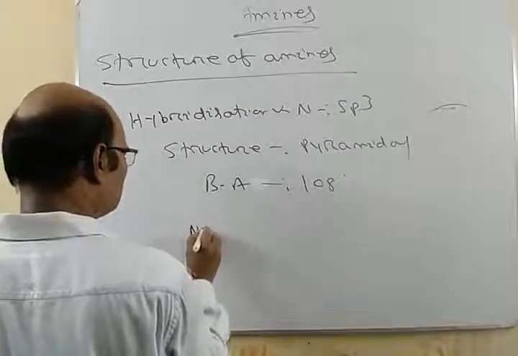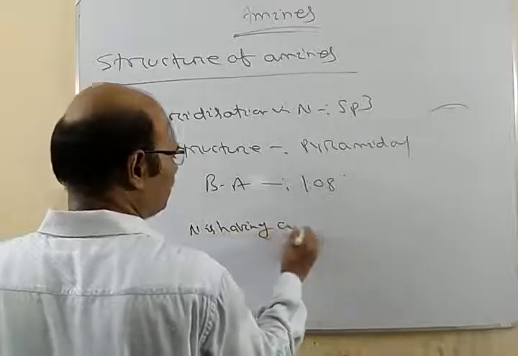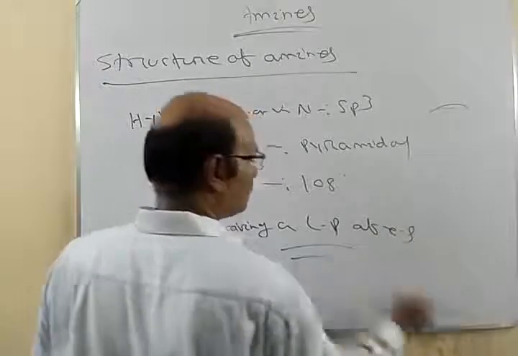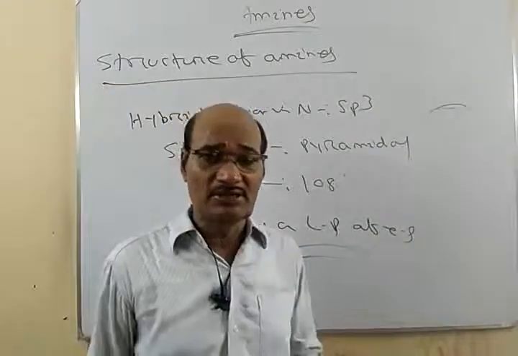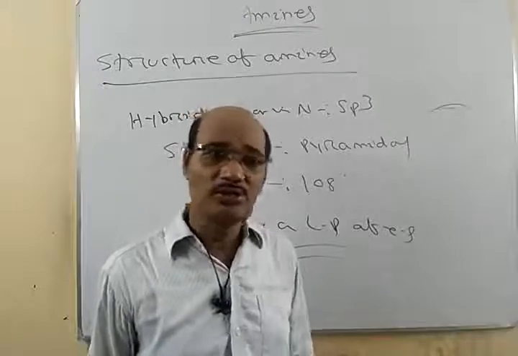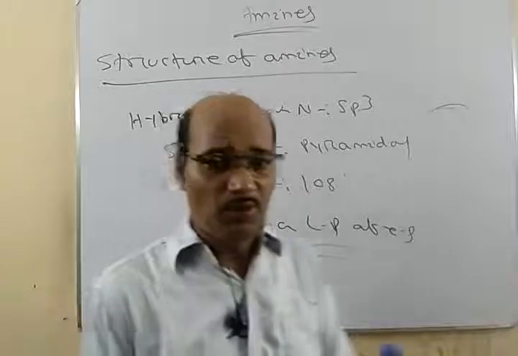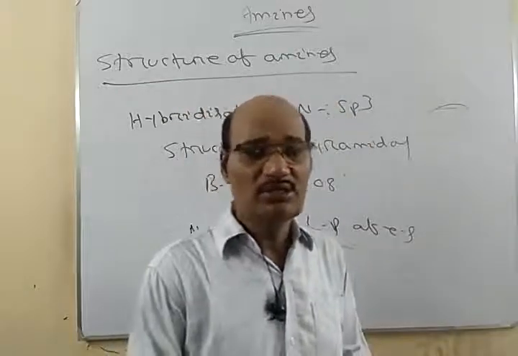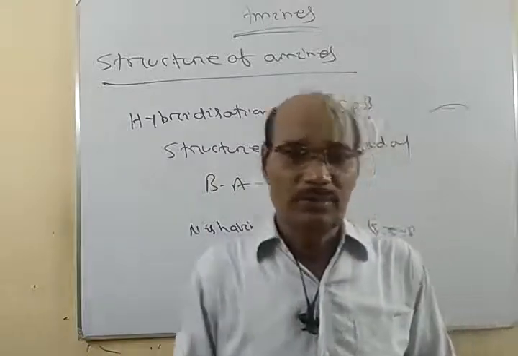And nitrogen has a lone pair of electrons. And this lone pair of electrons present in the nitrogen determines most of the behavior of the amines. Okay. So this is about the fundamentals or the introduction part of the amines, the nomenclature, isomerism, and the structure of the amines.